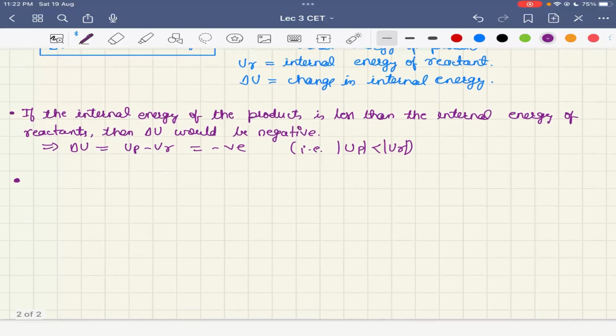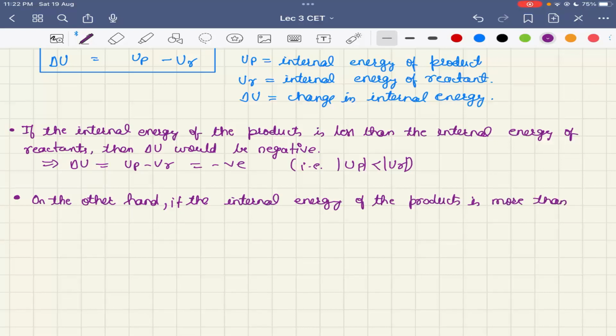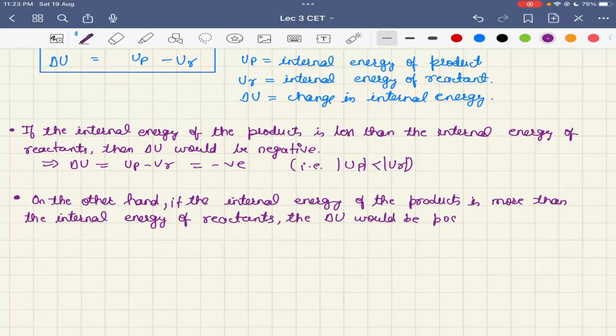The second point is, on the other hand, if the internal energy of the product is more than the internal energy of the reactant, the delta U would be positive, right? Which means delta U, which is UP minus UR, is positive, that is UP is greater than UR.